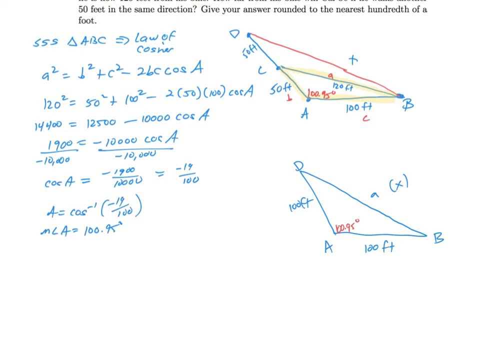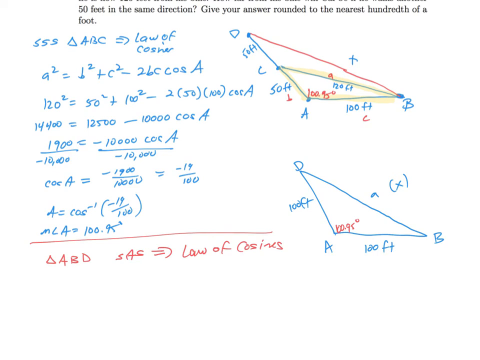So if we look at this setup, we have side, angle, side. So with triangle ABD, we have side, angle, side, which means we can use law of cosines. Law of sines won't work here because we don't have an angle and the length of its opposite side.